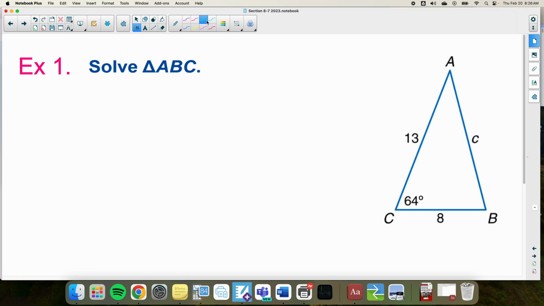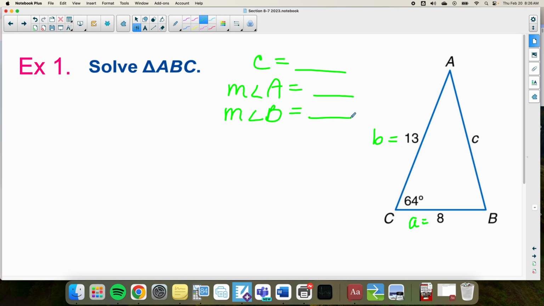Okay. Notice that we have side angle side in this one, and I'm going to label that opposite angle A as little a and opposite angle B as little b, okay? And then I always write down what are the 3 things I need to know. I need to know little c, I need to know the measure of angle A, and I need to know the measure of angle B, okay?